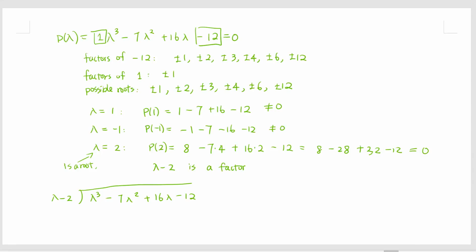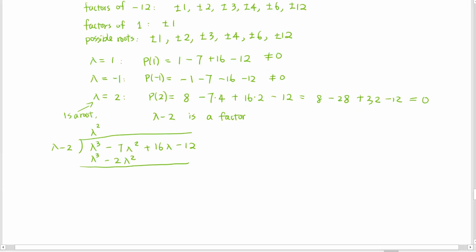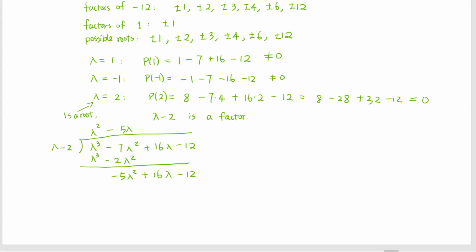Well, lambda squared: lambda cubed minus 2 lambda squared. Then minus 7 lambda squared, minus becomes plus 2, so we get minus 5 lambda squared plus 16 lambda minus 12. And then we have minus 5 lambda, so minus 5 lambda squared, and then minus becomes plus 10 lambda.